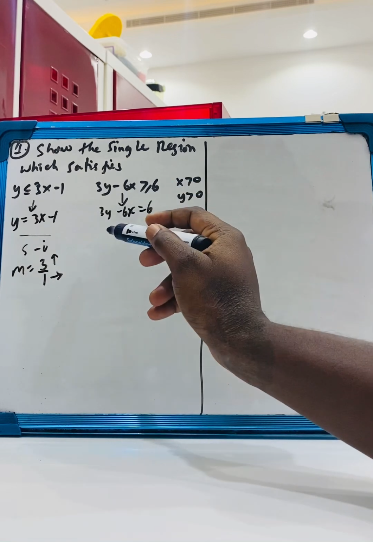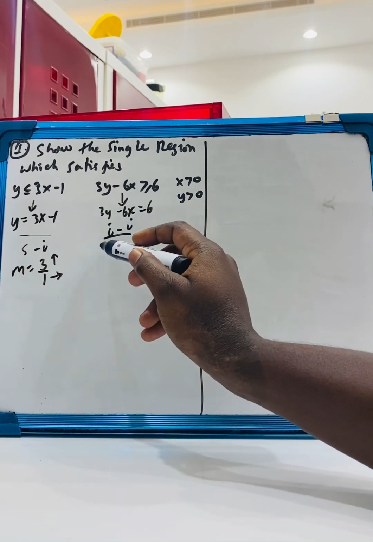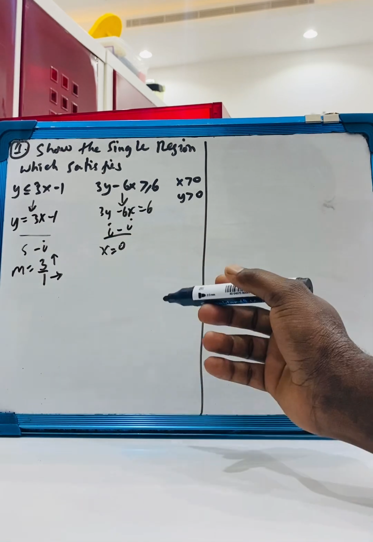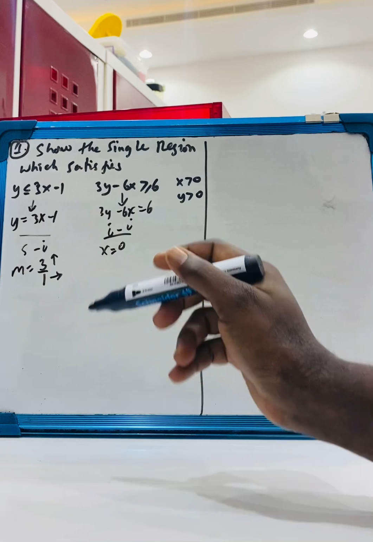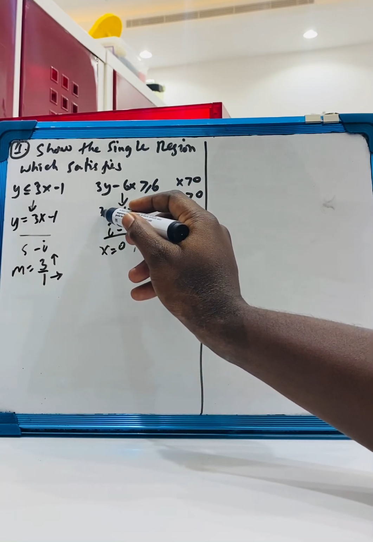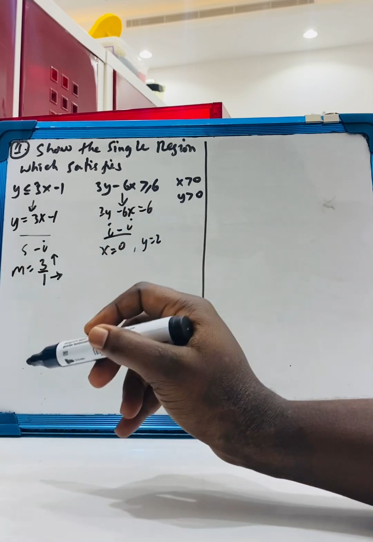When I come here, I will use another method, the intercept, where I look at the y-intercept, x is 0, and the x-intercept, y is 0. So when x is 0, I put x as 0 here. I have 3y equals 6, which means my y here is 2.